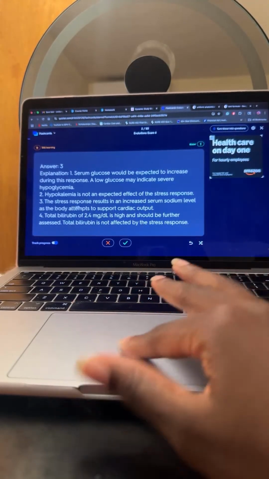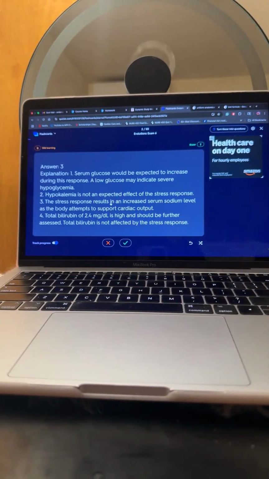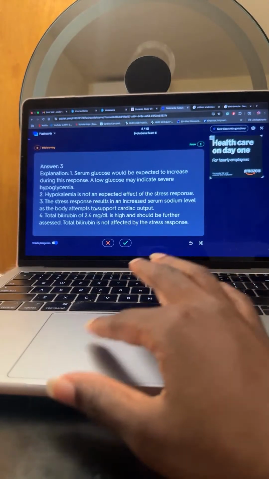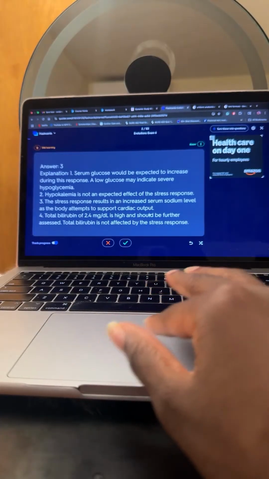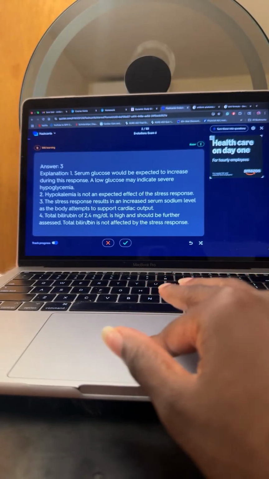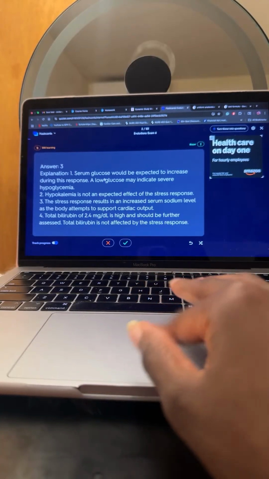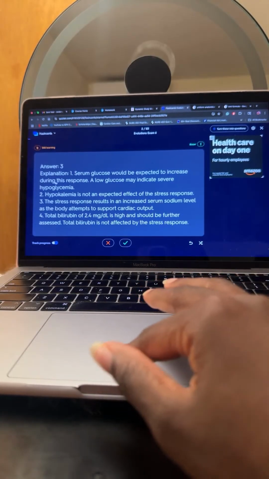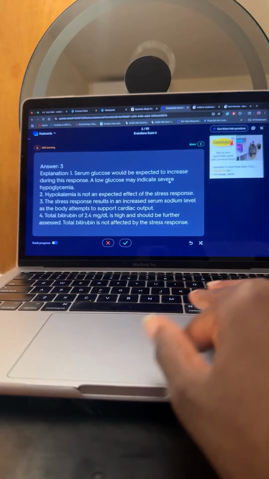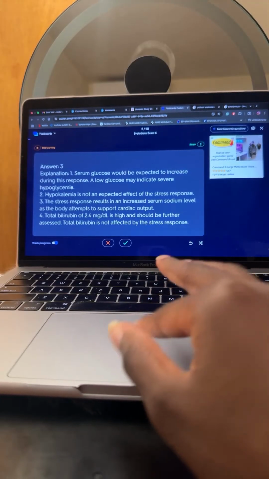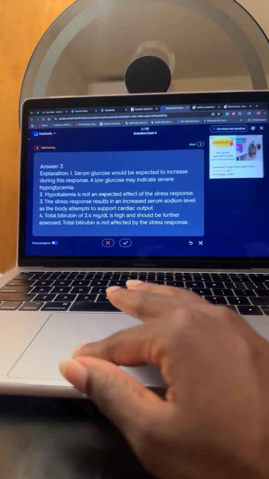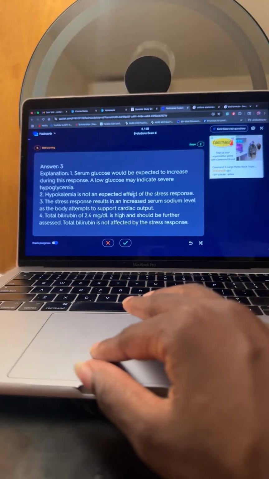The stress response results in an increased serum sodium level as the body attempts to support cardiac output. Bilirubin of 2.4 is high and should be further assessed. Serum glucose should be assessed to increase. A low glucose may indicate severe hypoglycemia. Hypokalemia is not an expected effect of the stress response.